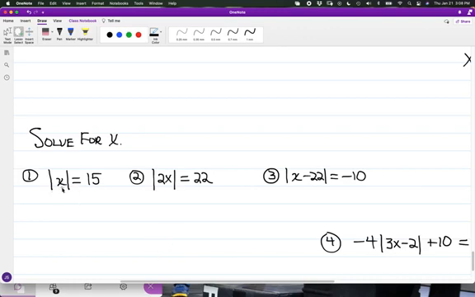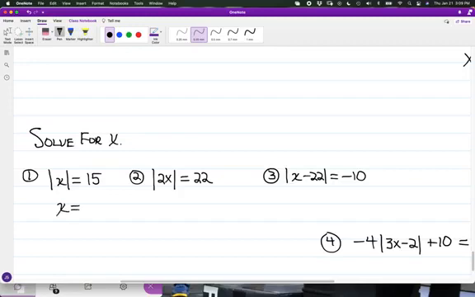Okay, so we have first the absolute value of x is equal to 15, and so we have k represented by 15, which is a non-negative number, and so we are going to have solutions for x. If k is 15, then x is equal to plus or minus k.